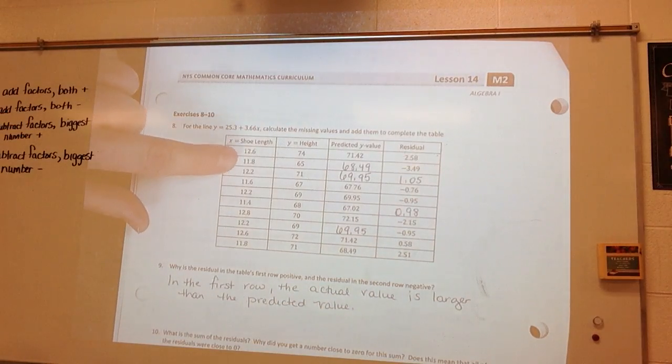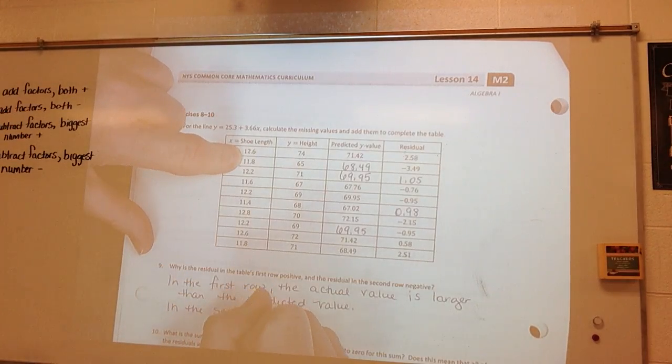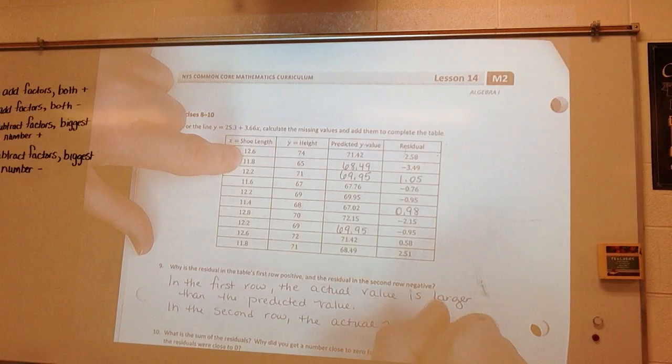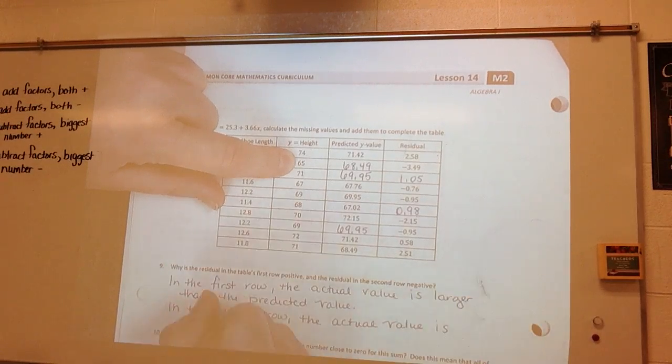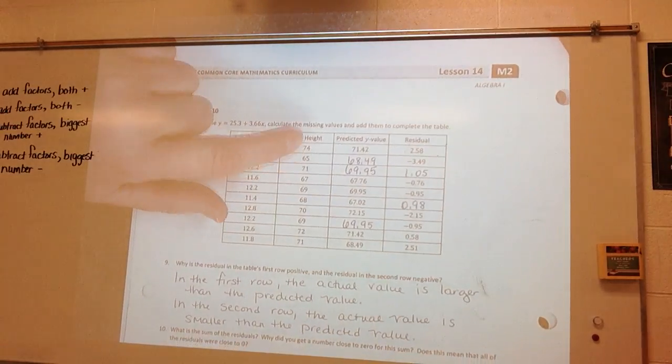In the second row, the actual value of 65 is less than, or smaller than, the predicted value. That is why I have the positive and negative residuals.